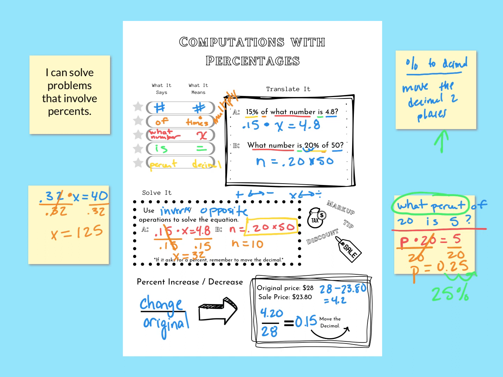So again, we put how much the price changed by, we divided it by the original amount, and that came from over here, our formula. And then we're going to move the decimal because we're looking for a percent. We're looking for the percent of increase or decrease. So we're going to move that decimal 2 times, and then we get 15%. So that price went down. It was on sale 15%.